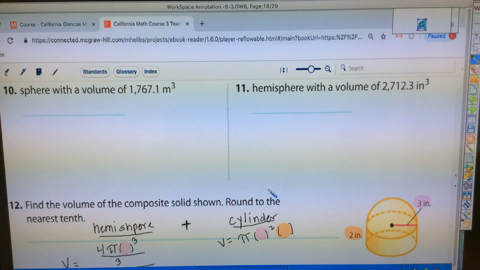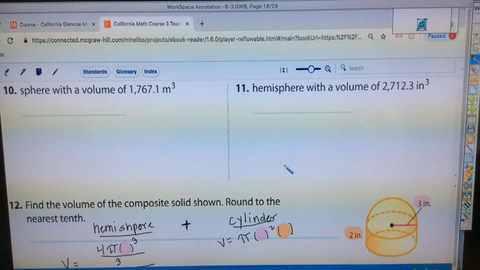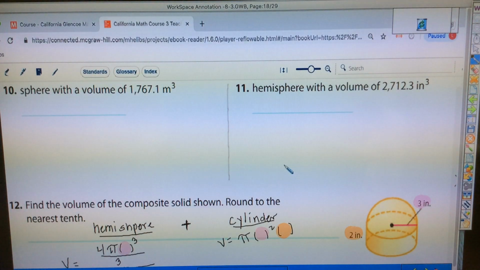10 and 11. Let's do one of these. Let's do 10. My directions got cut off, but it says find the radius. So they're giving you volume. I'm going to put volume in yellow. Here's my volume.